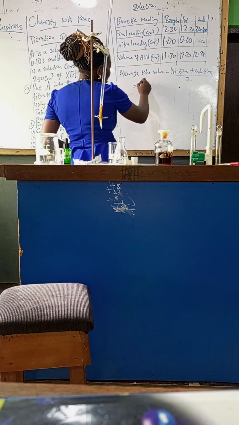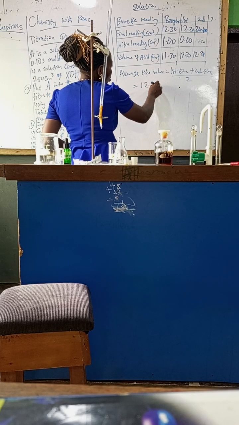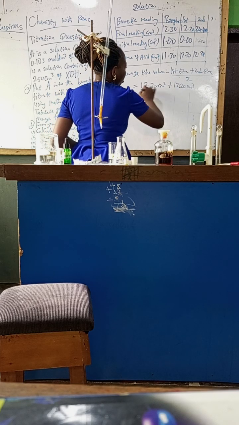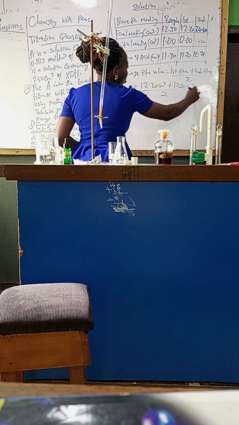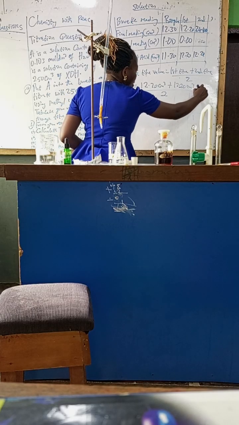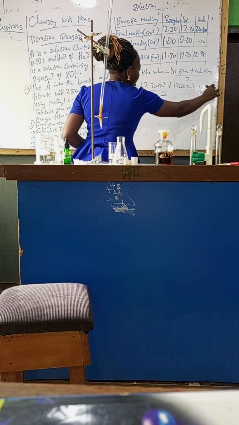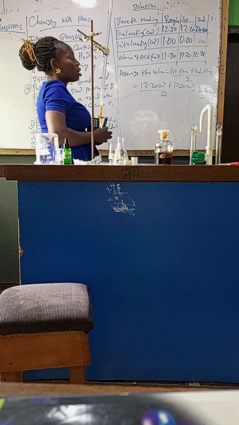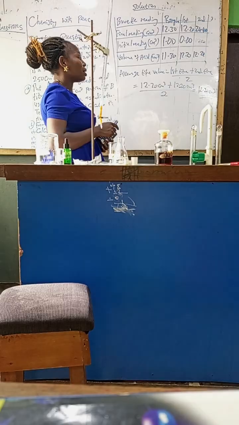So I'm going to have 12.20 centimeter cube plus 12.20 centimeter cube, all divided by 2, and here we get our value to be 12.20 centimeter cube. So the average titer value is 12.20 centimeter cube.